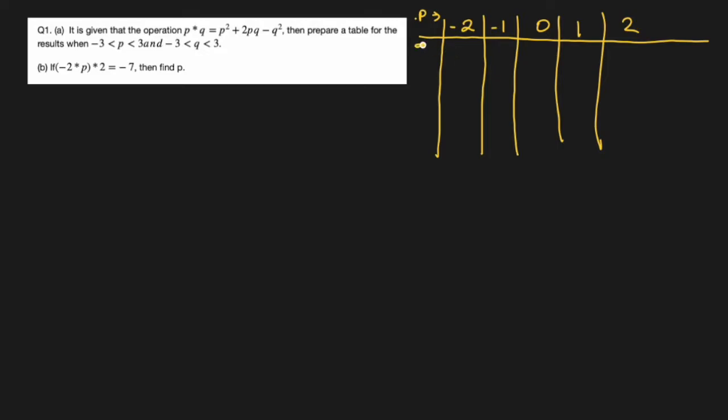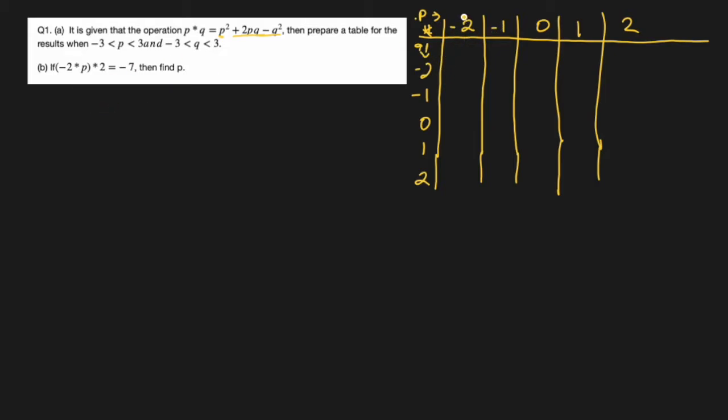Same, Q will be in this direction, which will be again same, -2, -1, 0, 1 and 2. And star is the relationship between them, and we will apply this relation with each one of them. Let me do 2 or 3 for example, rest you can do yourself.